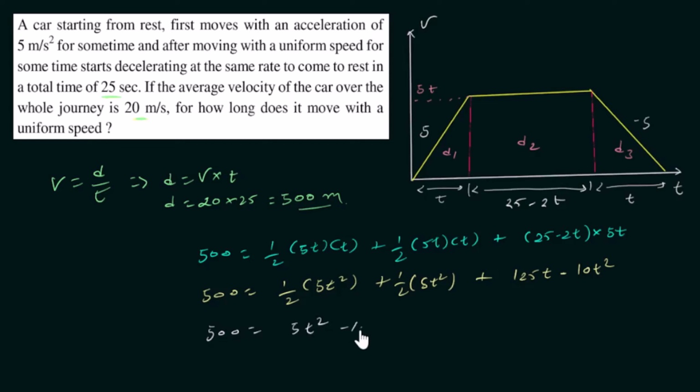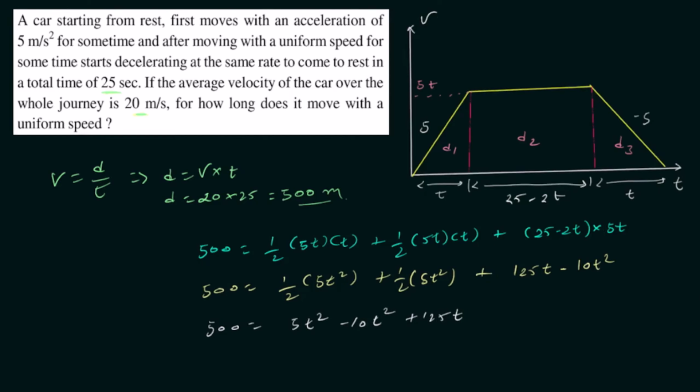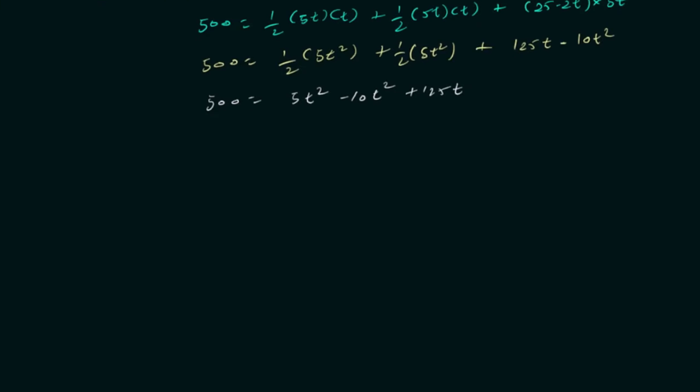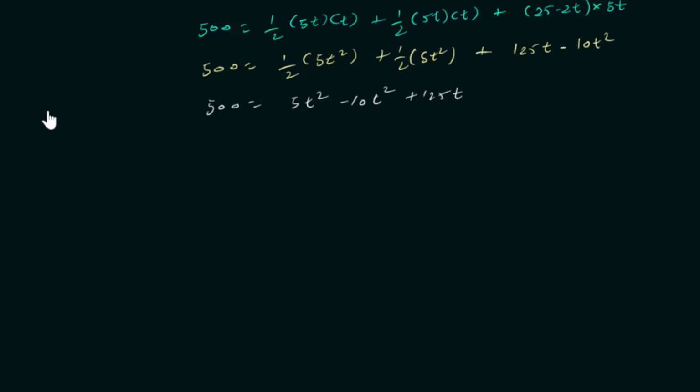And this is minus 10t square plus 125t, right? Now this is 500 and 5t square minus 10t square will be minus 5t square plus 125t. Okay, so this 5t square minus 125t minus 500 equals to 0.